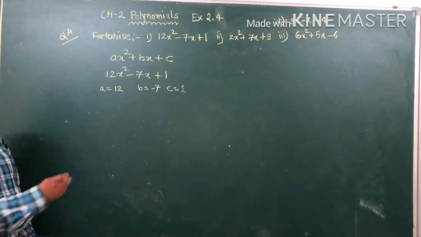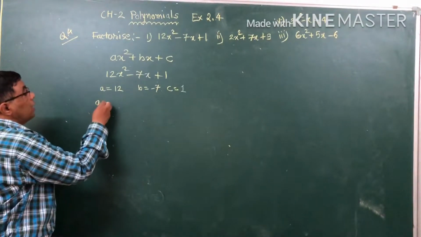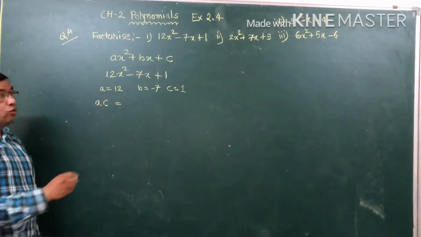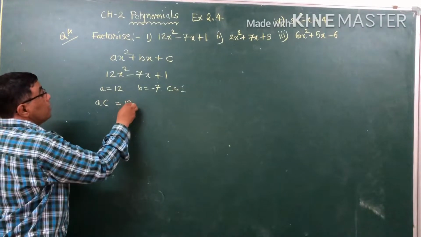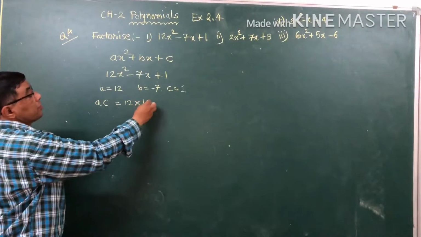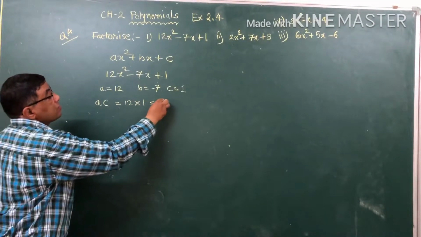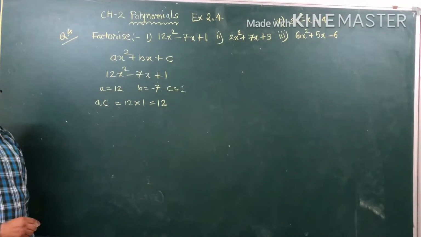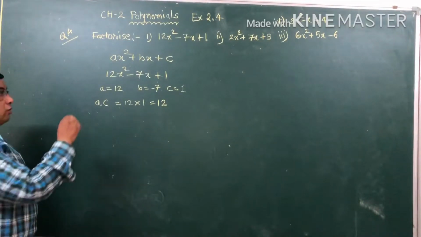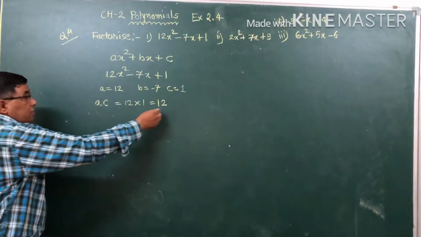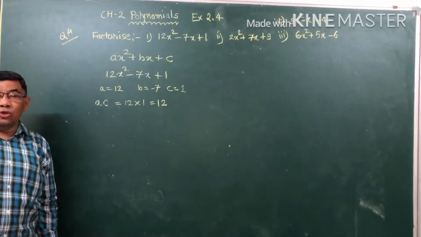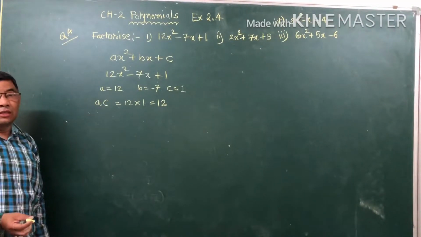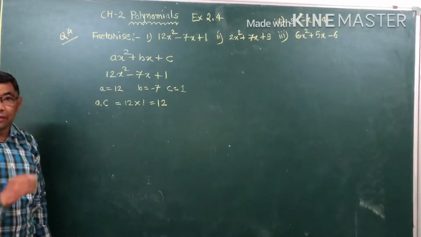After writing that, find the answer for a into c. A into c is 12 into 1, so we get 12 here, plus 12. Then you have to factorize this 12 in such a way that the total of those two factors is equal to b.